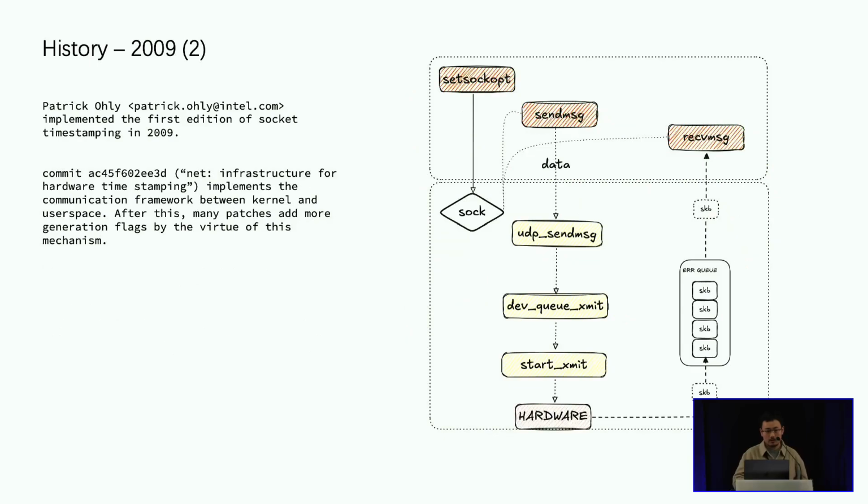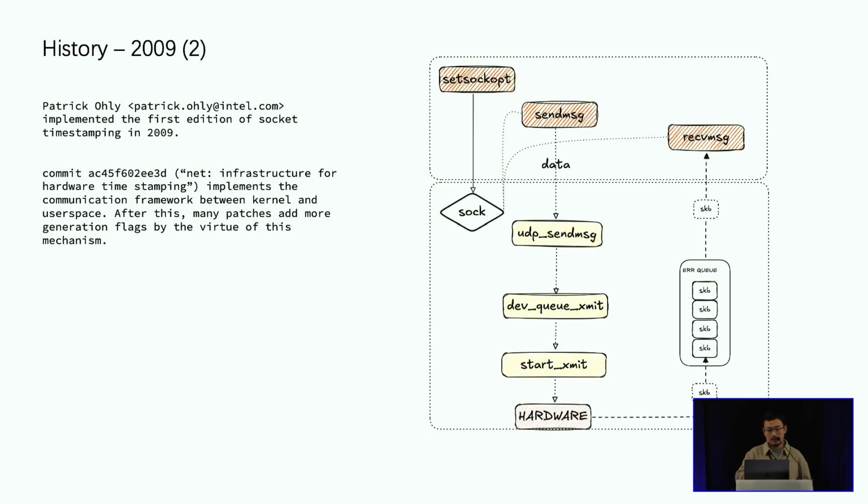Okay, and I drew a picture that demonstrates how it works. The first step is you need to set a socket option on the socket, and then the application tries to send a large amount of data, and that will be passed to the UDP layer and the dev_queue_xmit and the sch_xmit and to the hardware. In this first edition, he only implemented the software and the hardware timestamp.